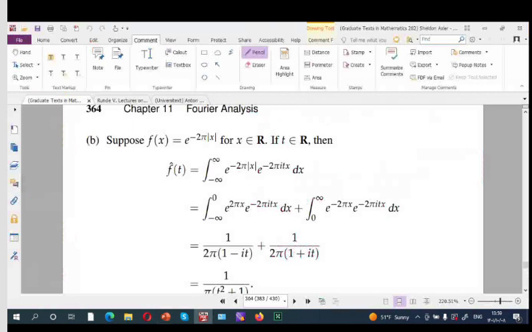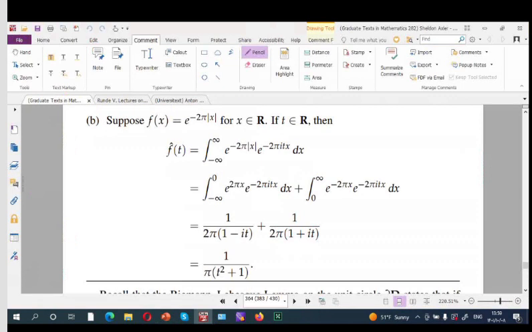And similarly the second integral equals this, and so we can write this summation equal to this fraction.